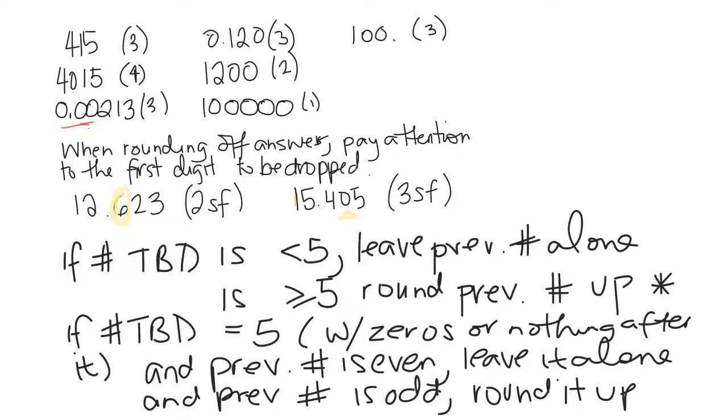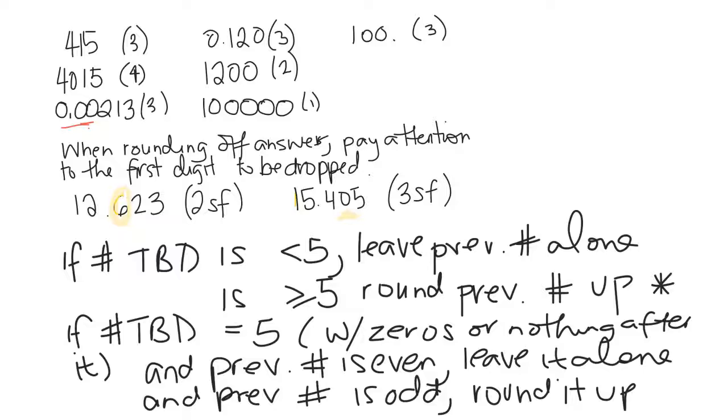Basically, we're trying to even out all the rounding that occurs with fives in the universe at any given time. Because if there's a 5 with something after it, you round it up. So if it's nothing after it or zeros, we have this weird rule, okay?